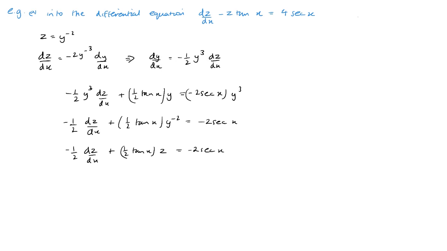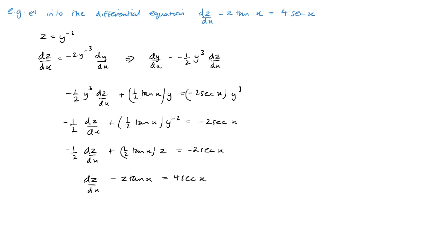Now I want one dz by dx, and I've currently got minus a half. So if I multiply through by minus 2, I'll get a positive dz by dx, then minus z tan x, and this will become positive 4 sec x.